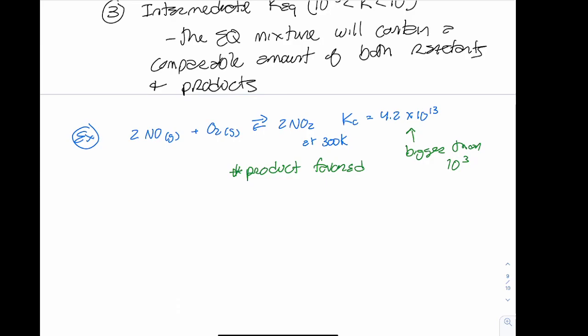Another example for us, I have iodine, and I know iodine at room temperature is a solid, but we're doing this one at a much higher temperature, so it is a gas. That's a G. And this is at 800 degrees Kelvin, so really hot.